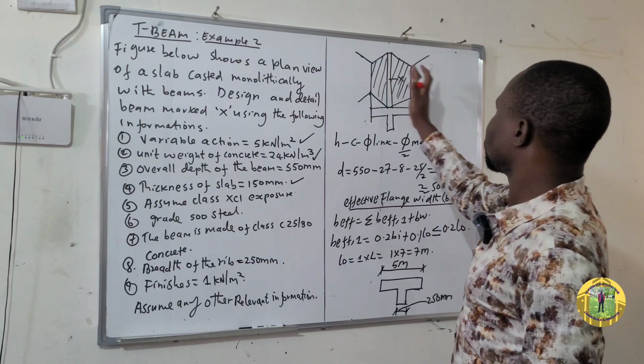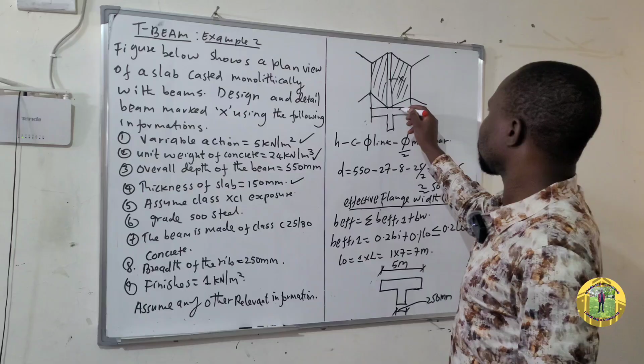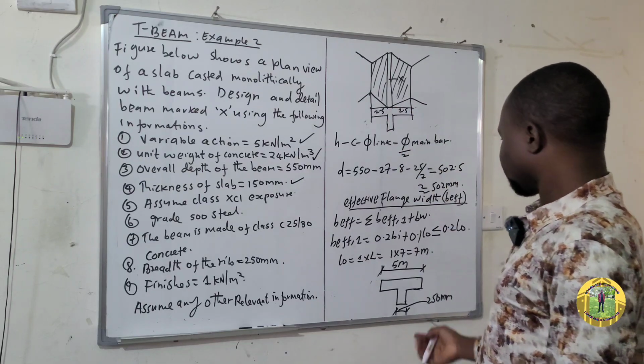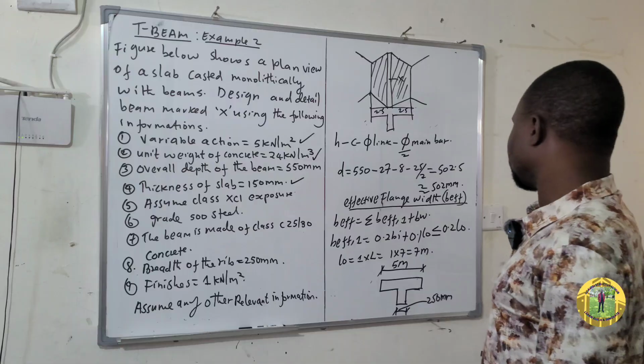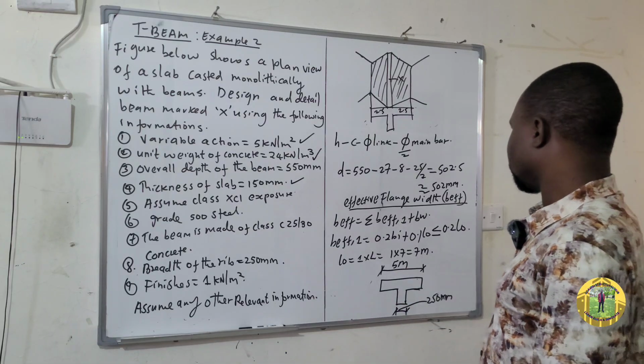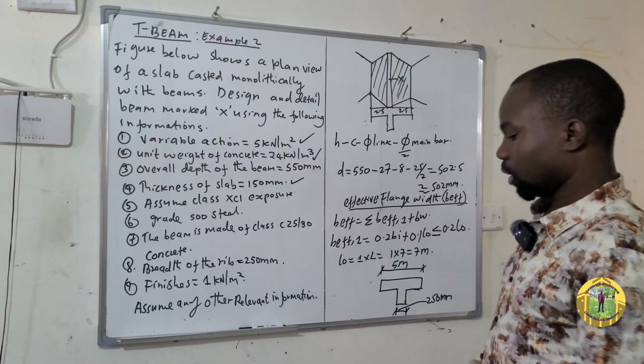So 5 on this side, 5 on this side. So here is 2.5, here is 2.5. Therefore, if you add 2.5, 2.5, you'll get 5. So you get 5 meters flange.